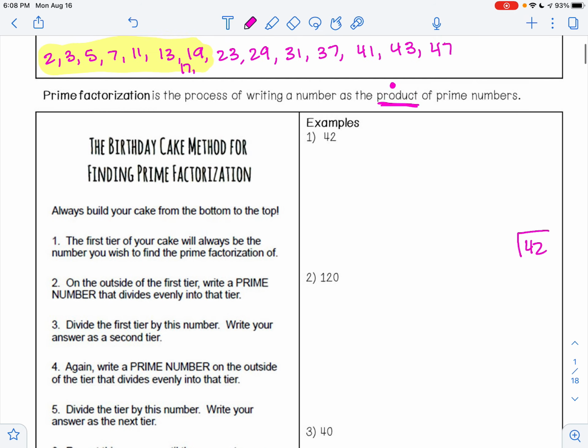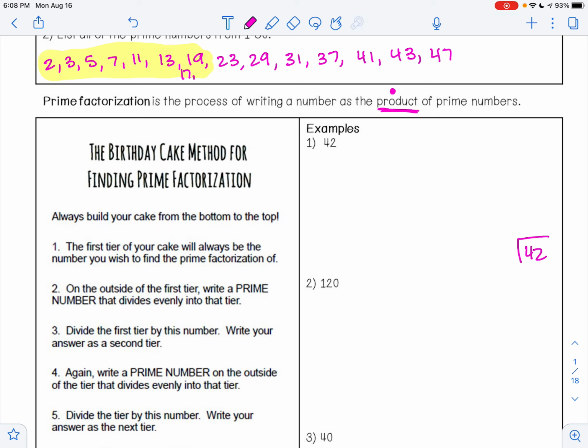I am looking for the smallest prime number that goes into 42 evenly. The smallest prime number that goes into 42 is 2. 2 goes into 42 21 times. And then we're going to do that process again.